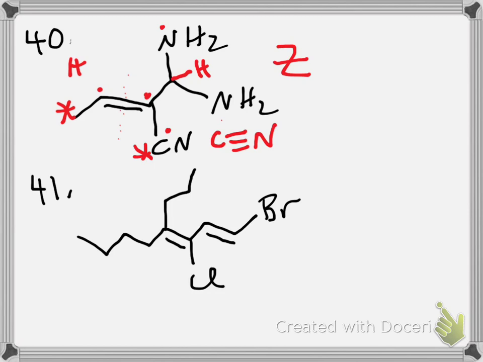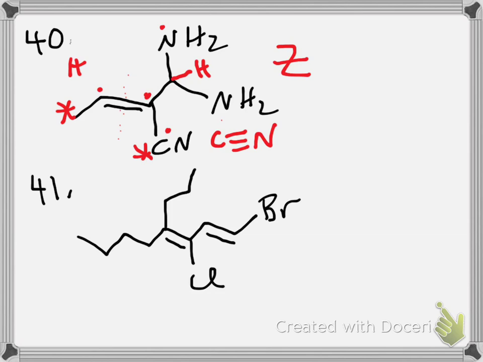Down below in problem 41, this is a nomenclature question. And so what you can do is either give the name first or start assigning E or Z first. So I'm going to go ahead and just do the E and Z part first.